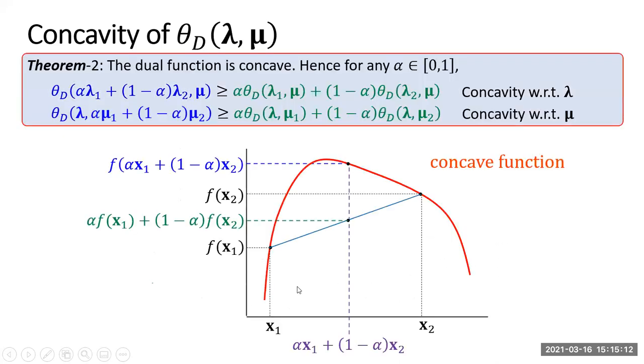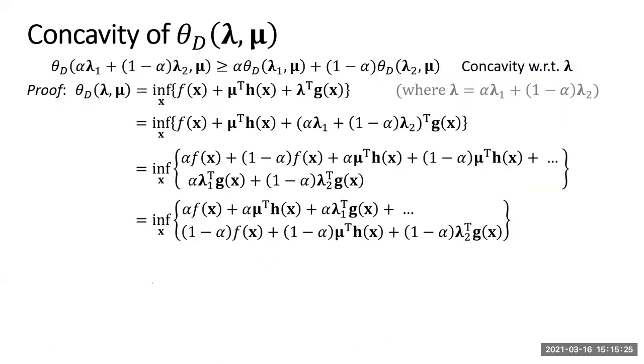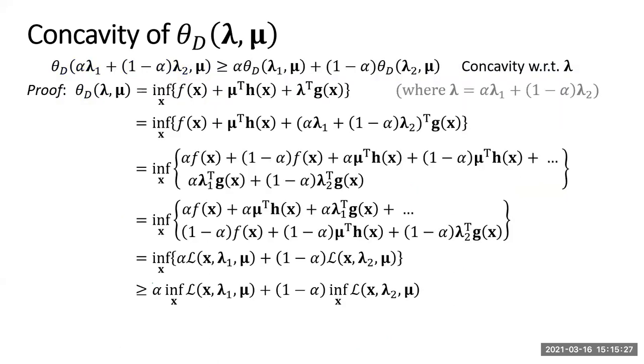Going back to this slide, this is what I just showed. It's concave with respect to lambda. Here we are just trying to prove that the function is concave. And this property that we proved holds true for a concave function.